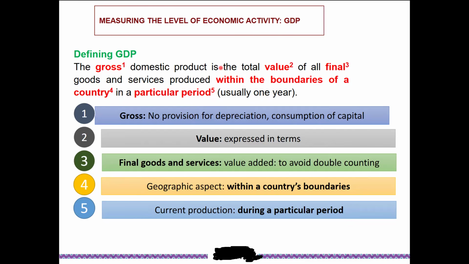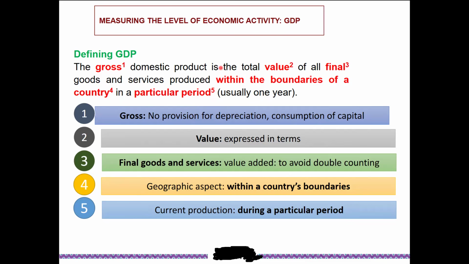Let's say we're calculating GDP and we have a person who buys flour for consumption, and another person who buys flour for resale, to use in the production process and then sell as a final product, maybe a cake. If we count that flour when the person purchases it, and we also count it again when the person has produced the cake, that would be double counting, right?